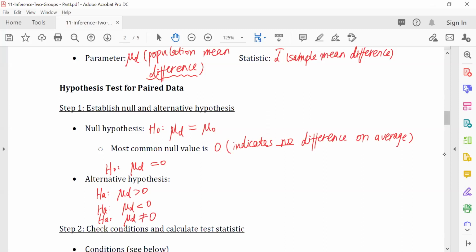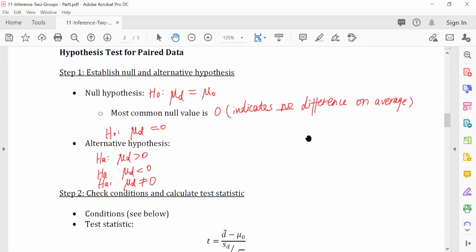And if you guys still remember, the first two cases are called one-sided test. The last case, which mu d is not equal to 0, is called, what do you guys still remember? The two-sided test.